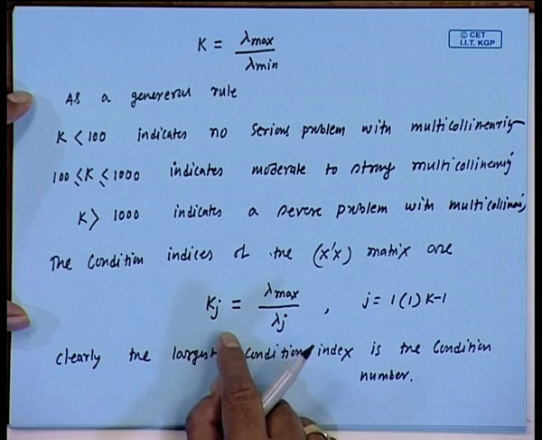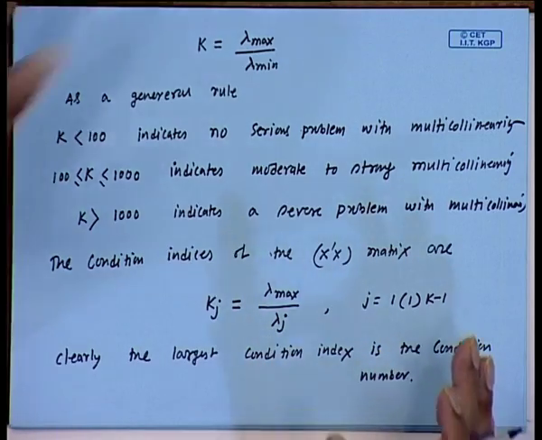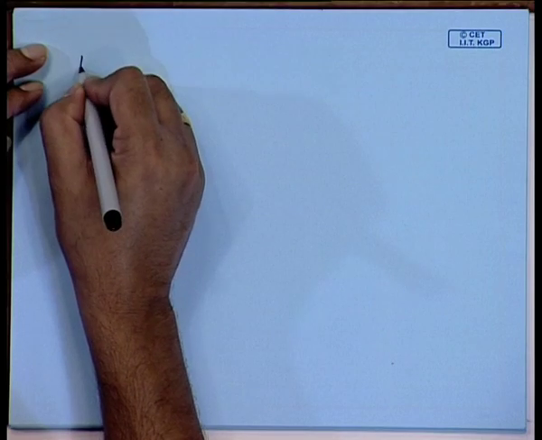Now, this eigensystem analysis not only detects the multicollinearity problem, it can also measure the number of linear dependencies in the data. Okay. So, the number of k_j, or condition indices, greater than 1000 is a measure of the number of linear dependencies in the data.